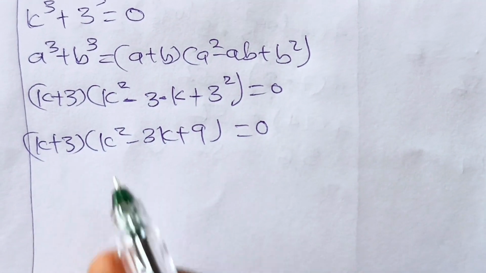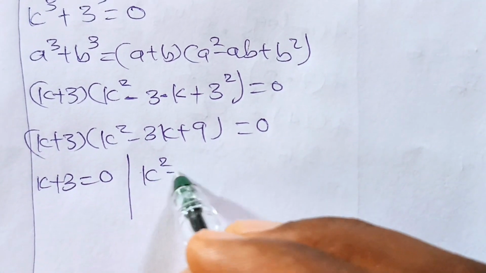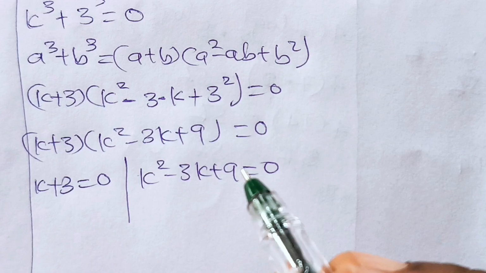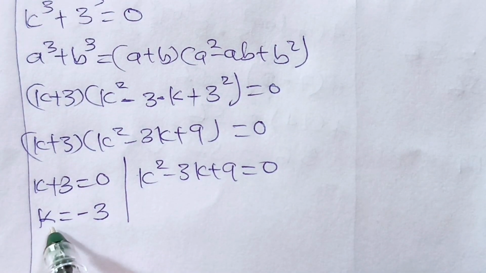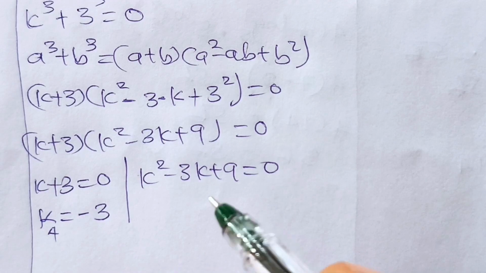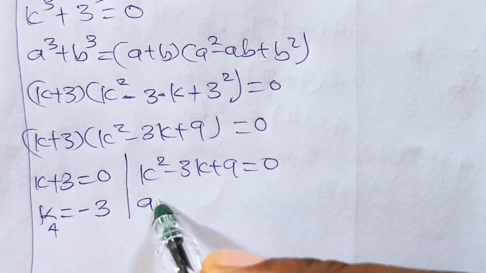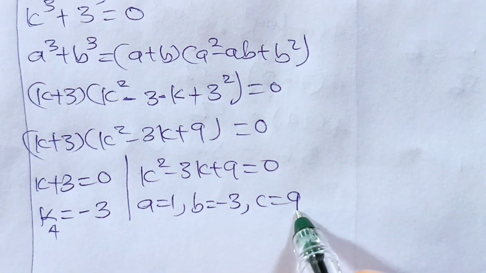But before that, from here, we can see that k plus 3 is equal to 0, and that k squared minus 3k plus 9 is also equal to 0, okay. So we can see that k is equal to minus 3, and this should be the fourth value of k, right? And also from here, we can see that a is 1, b is minus 3, c is 9, okay?